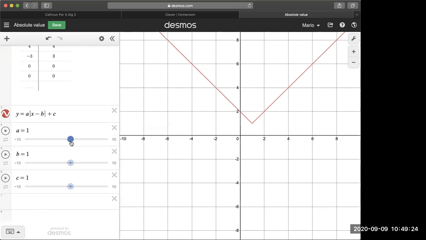Notice that original one was a V. It's always a V. As long as you have absolute value in your graph, it is always going to make some type of V. It could be upside down. It might be very narrow. We can make a V that's very narrow.